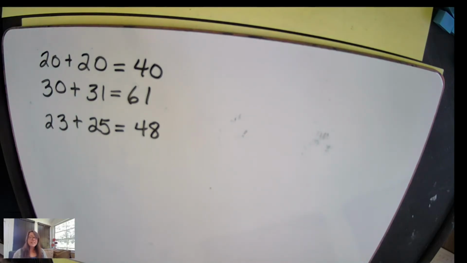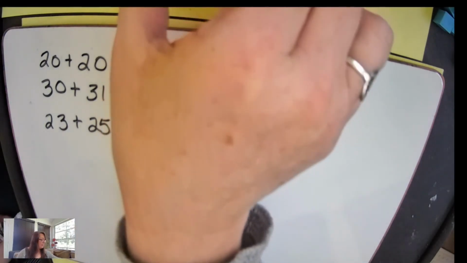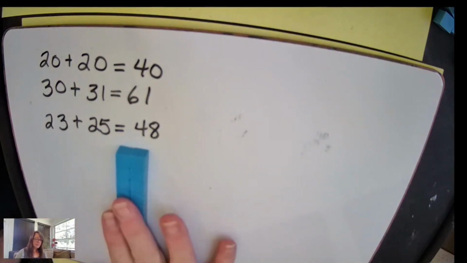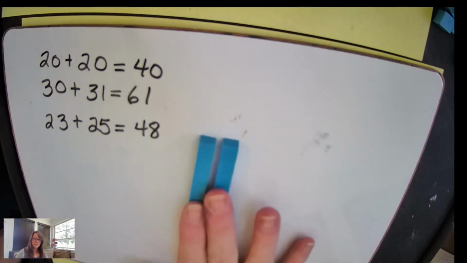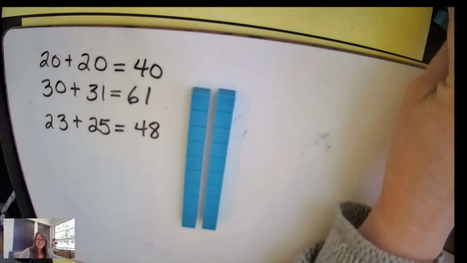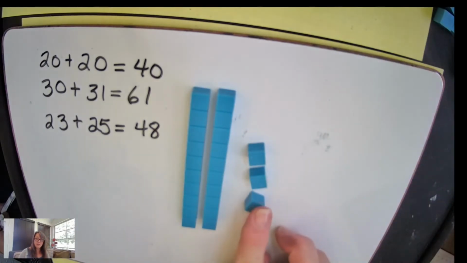Great. Stacy said that she did the breaking apart strategy. She thought about 23 broken into its tens and ones, is 2 tens and 3 ones.